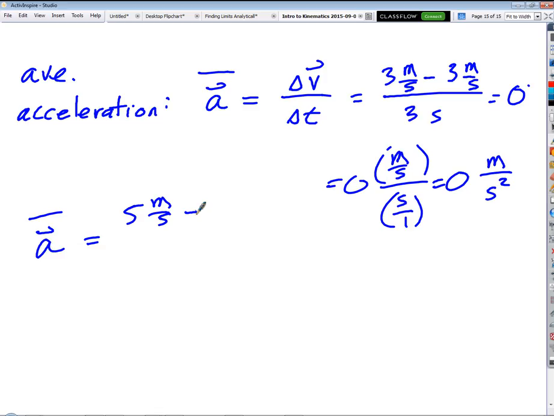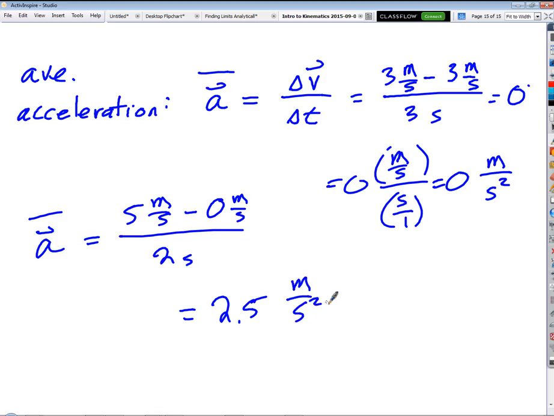I was at rest, so it's 0, divided by 2 seconds. Equals what? Yeah, 5 divided by 2 is, if we want to make it a decimal, 2.5. And my units would be meters per second squared. Positive.